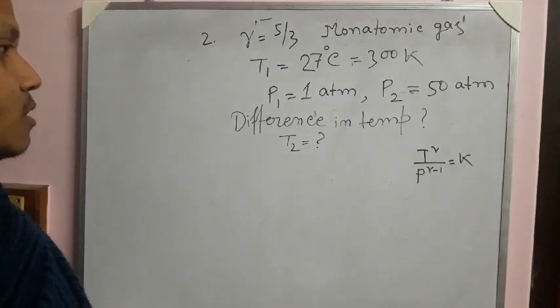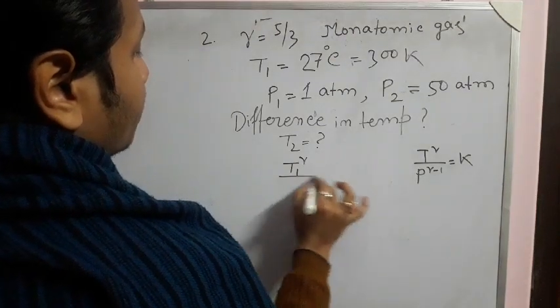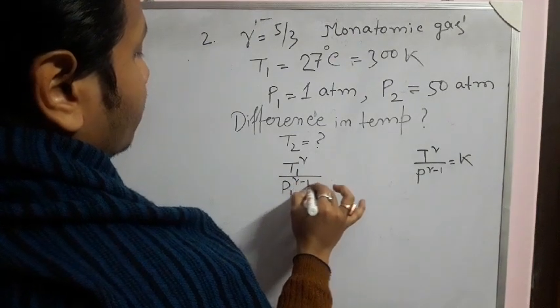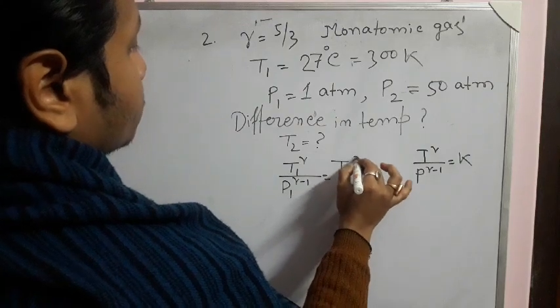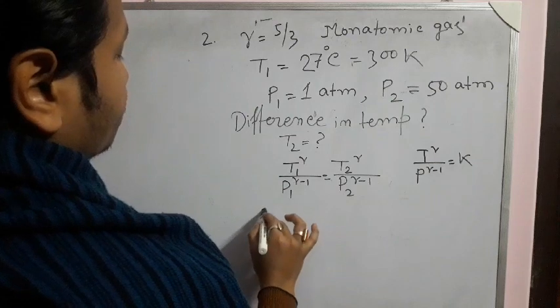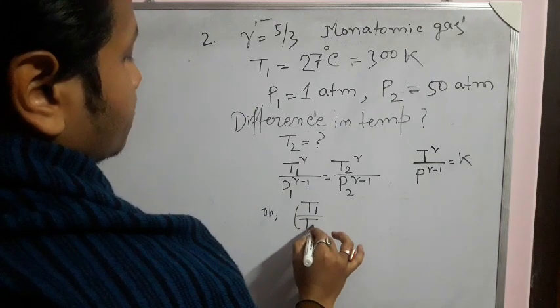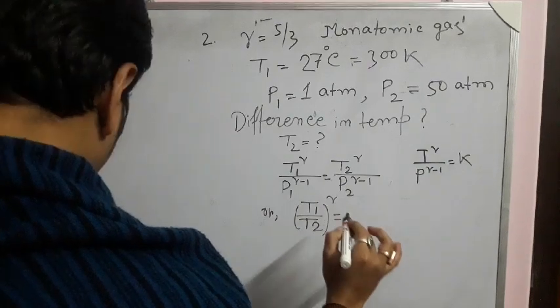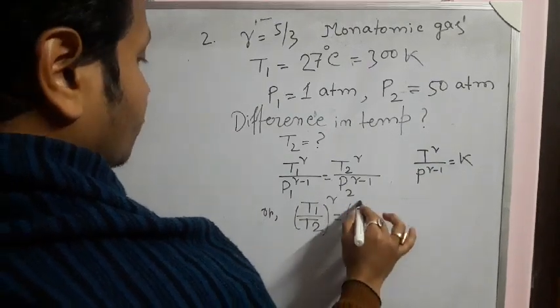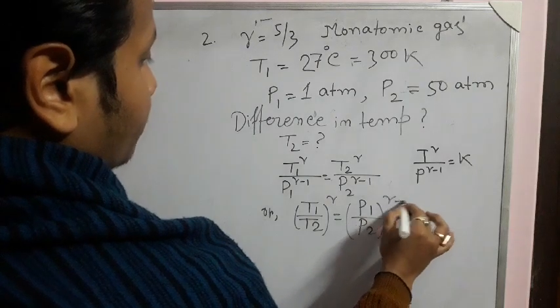So T1 to the power gamma by P1 to the power gamma minus 1 equals T2 to the power gamma by P2 to the power gamma minus 1. You can simplify it: T1 upon T2 to the power gamma equals P1 by P2 to the power gamma minus 1.